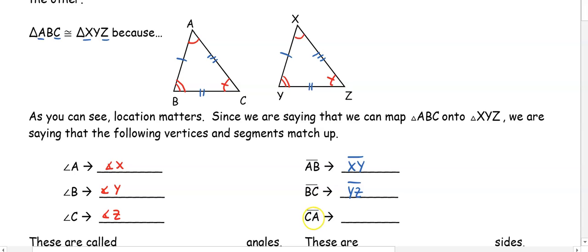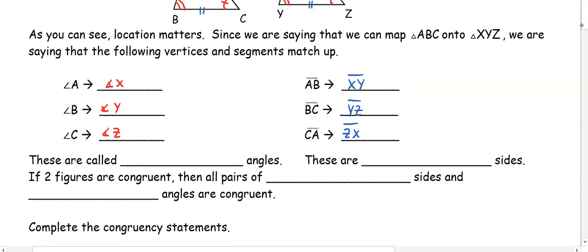And then we have CA is going to be congruent to ZX because it's the third letter and the first letter. These angles and segments that match up, or sides, are called corresponding sides and corresponding angles. If two figures are congruent, then their corresponding sides and corresponding angles must be congruent.